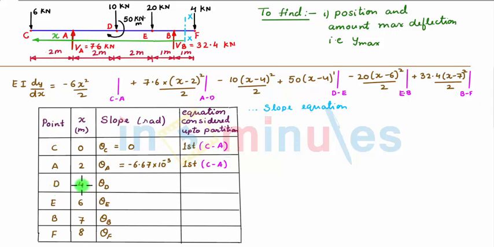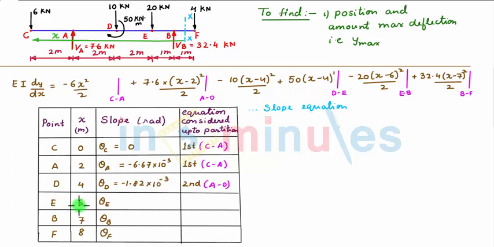Next for point D, putting the value of x equal to 4 meter in the slope equation and considering the slope equation up to second partition, which is valid between point A and D, we get the value of theta D equal to minus 1.82 into 10 to the power minus 3 radians.